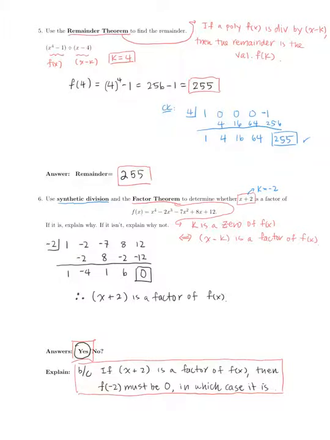Just in case, let me just write down what I just said for the other answer. You could also say, because if x plus 2 is a factor of f of x, then when you divide f of x by x plus 2, the remainder should equal 0.